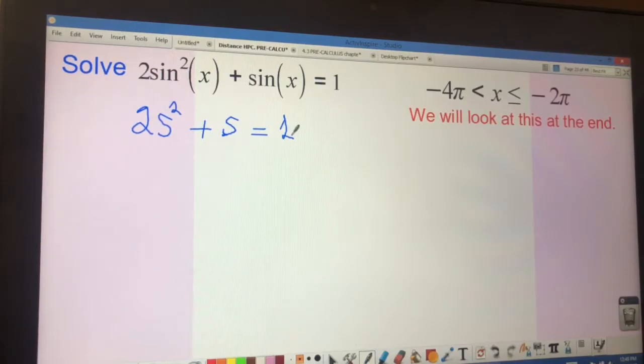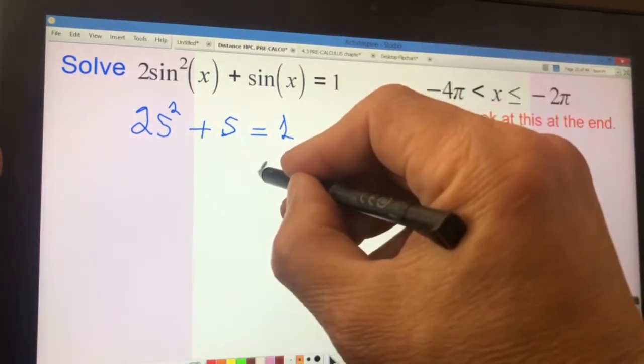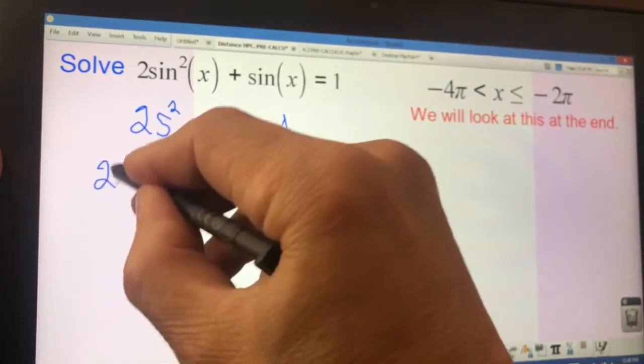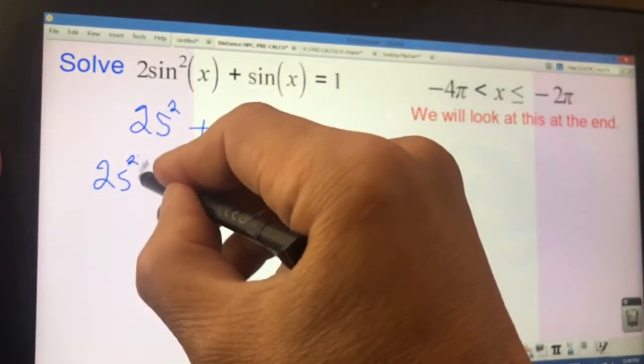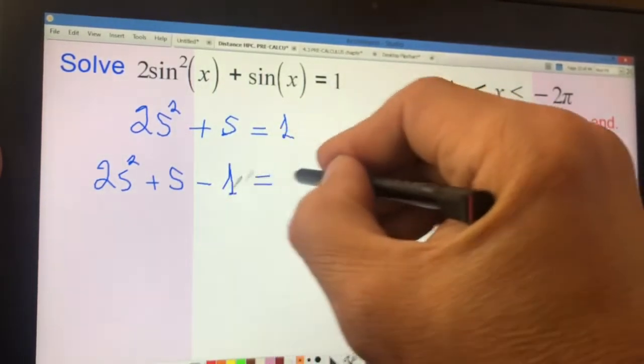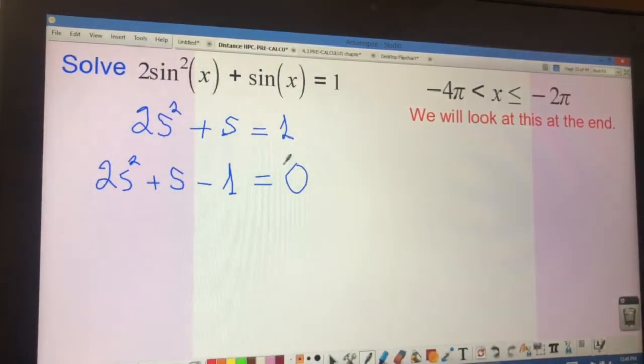I have a quadratic equation, so I have to make one side equal 0, and hopefully I can factor it. So I'm going to subtract 1 from this side, so this is what it looks like next, and the S is sine. Now, can we factor 2s squared plus s minus 1?